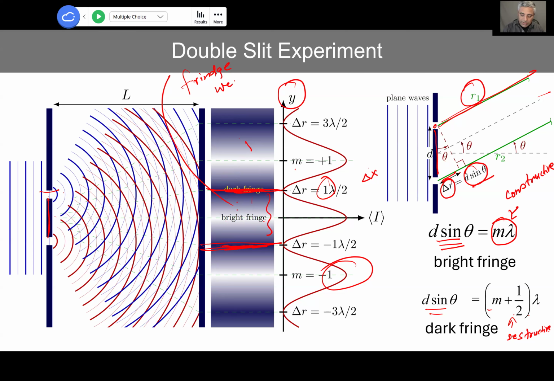In the video, what you saw was that the opening was very large compared to the wavelength of the light. That's why the interference pattern wasn't that great.